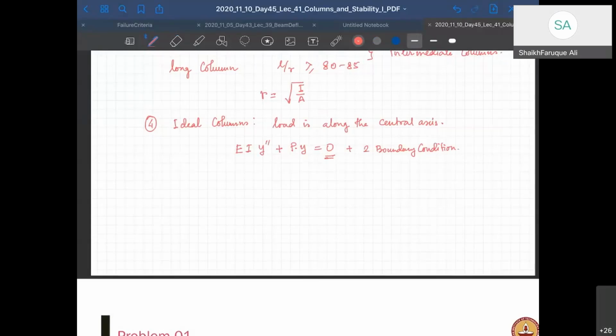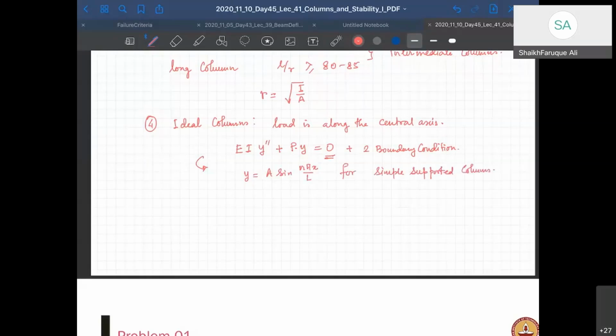Now, if it's a homogeneous one, we got its solution Y to be A sine n pi x by L, for simply supported columns.